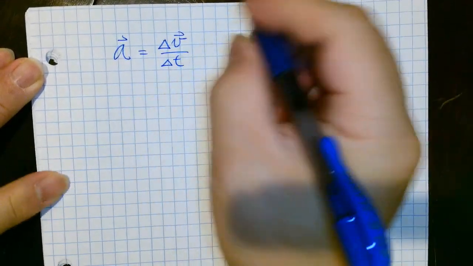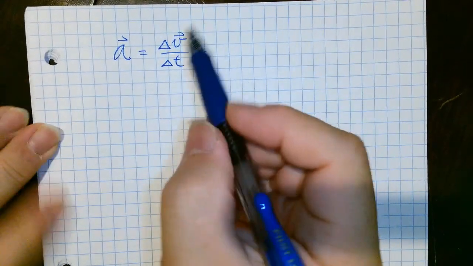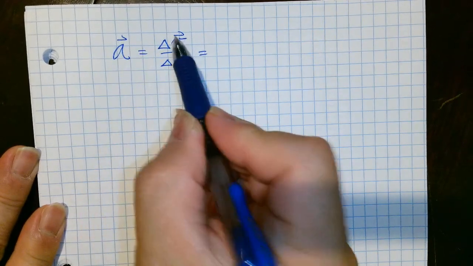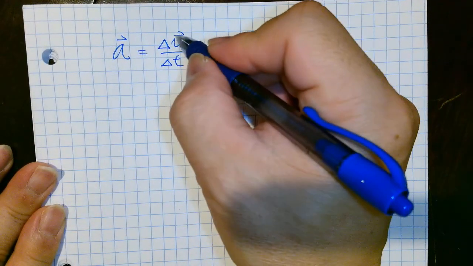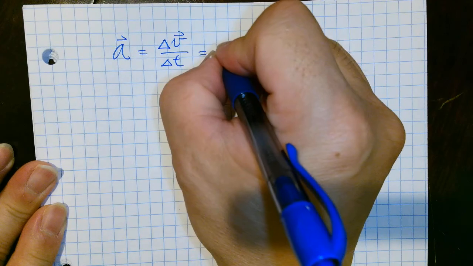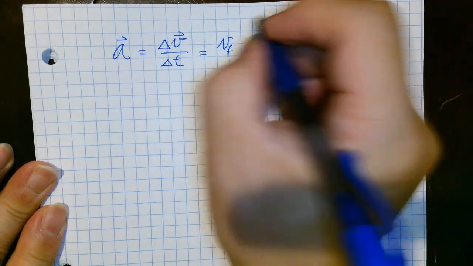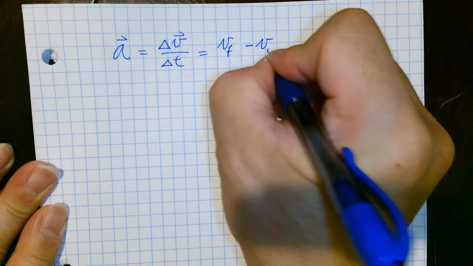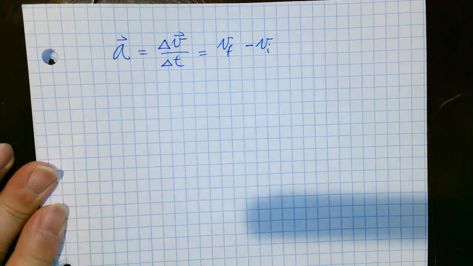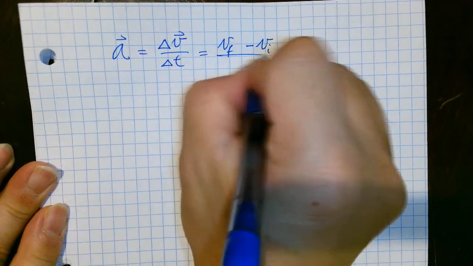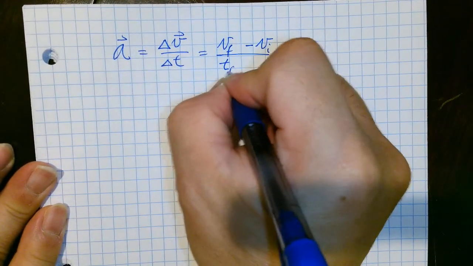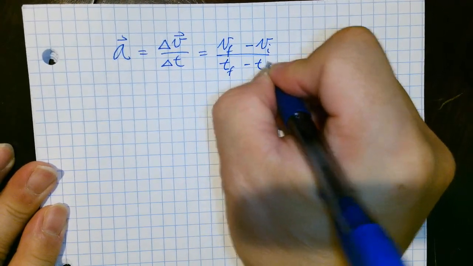Okay, so for now, I'm just going to drop the vector symbol, it may get dropped because sometimes I write fast. And so this is VF minus VI, and they are vectors, over TF minus TI.